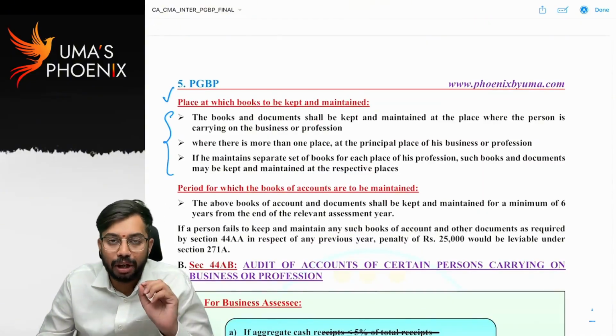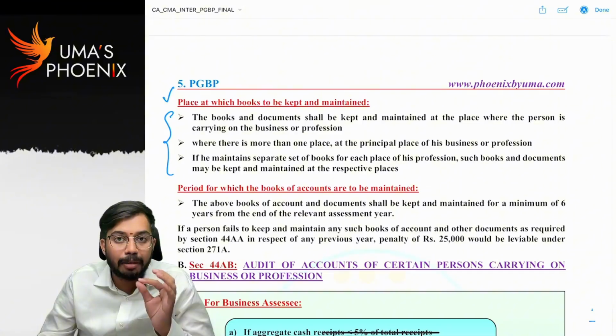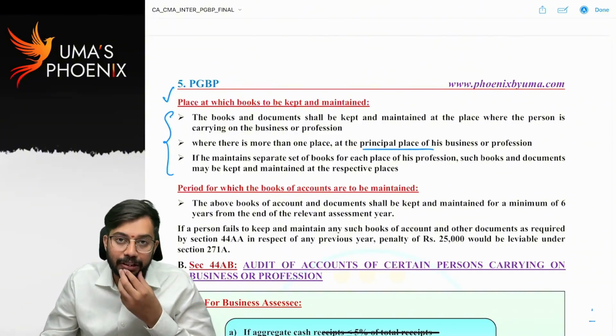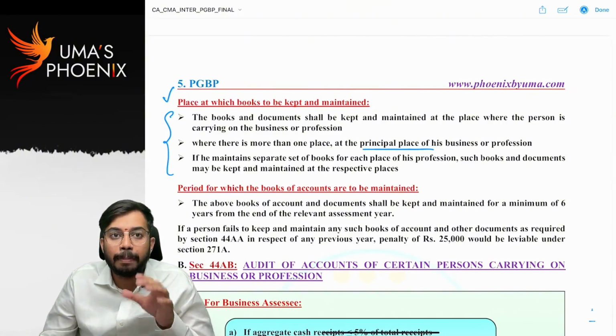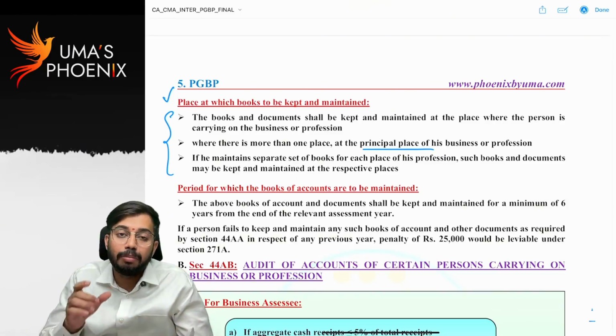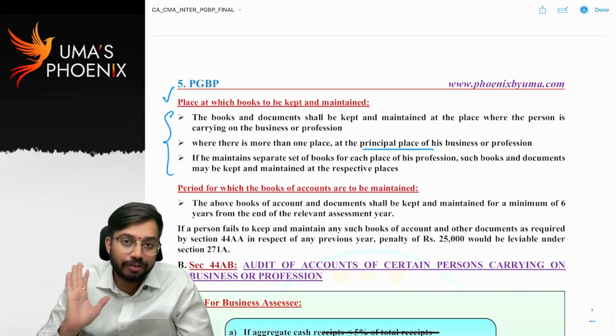Where business is going on or where profession is going on, in that place only books of accounts are required to be maintained. If business is going on at multiple places, then books of accounts are required to be maintained at the principal place of business or profession. If the business has branches and separate sets of books are maintained for branches, then books of accounts relating to branches can be maintained at the respective branch offices.